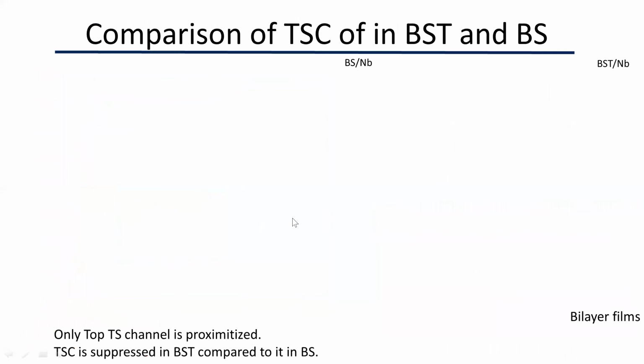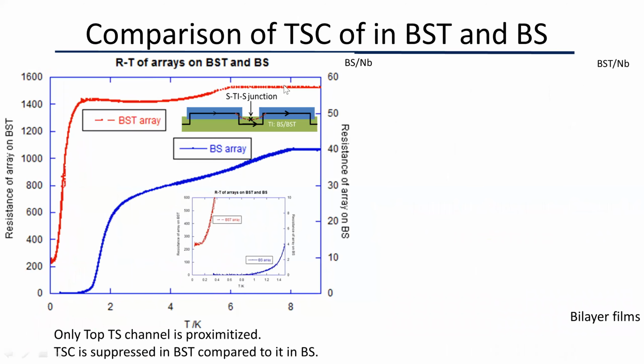Here is a comparison of two RT data, one from the array on bismuth antimony telluride, the other one from the array on bismuth selenide.